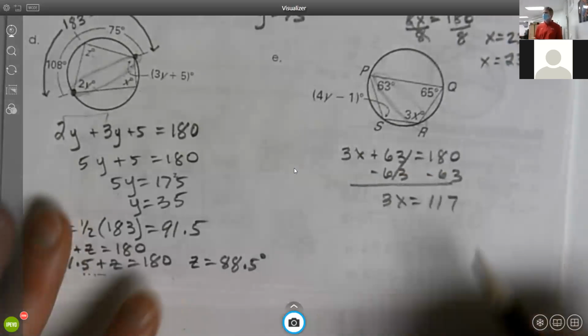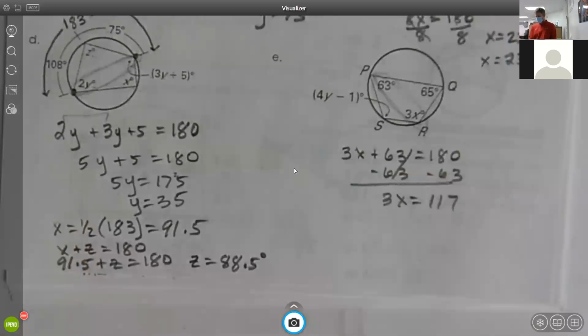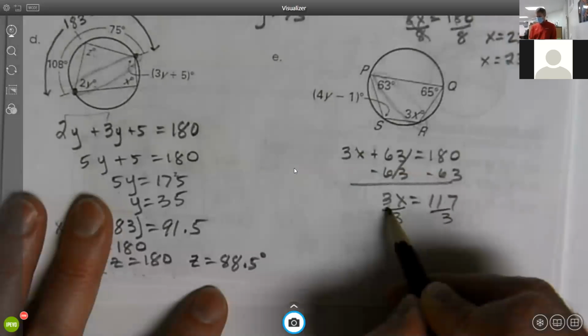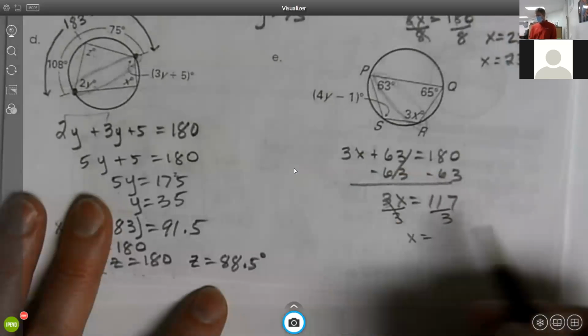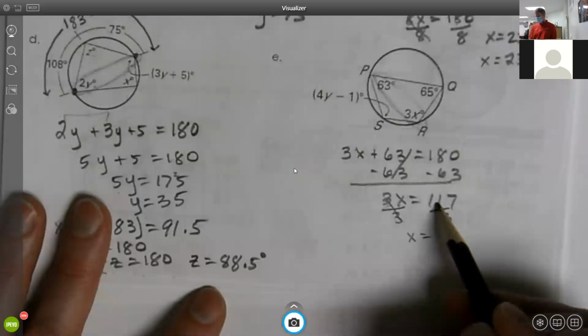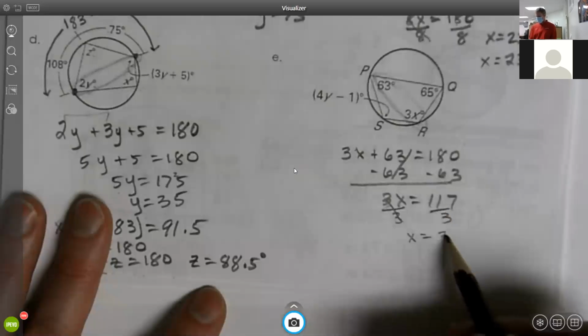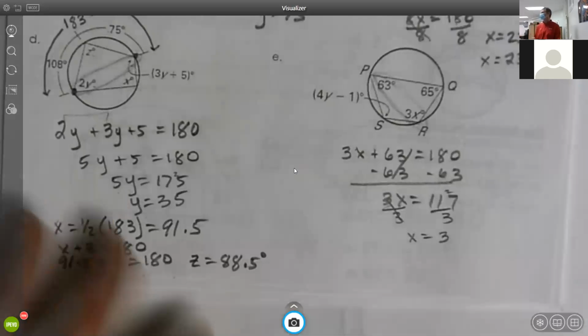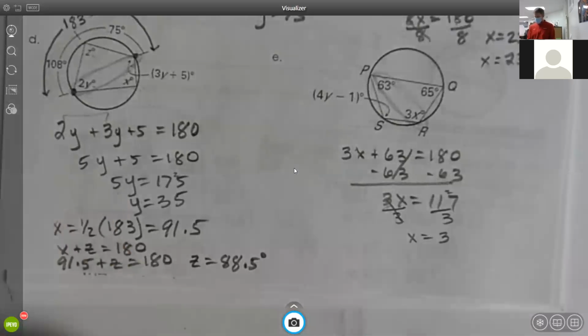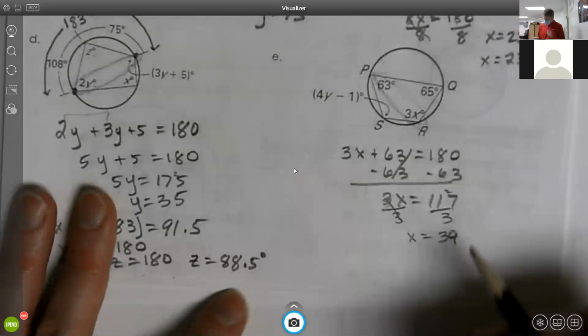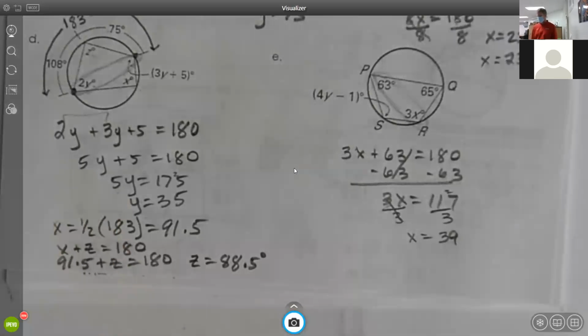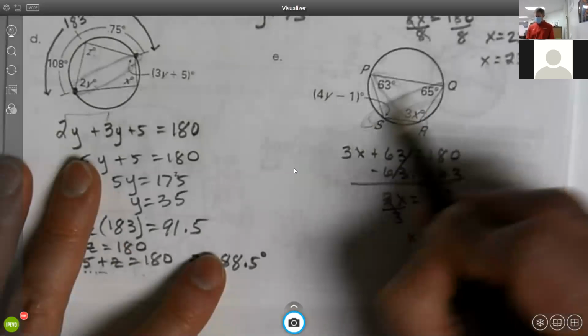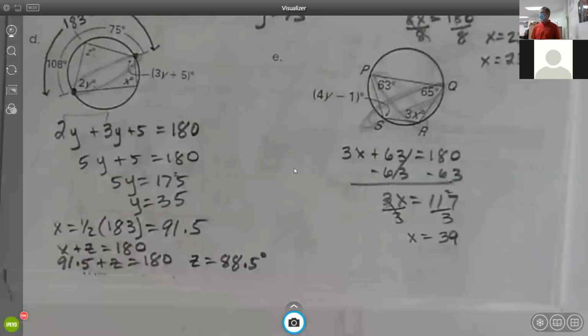We get 117 and we divide. 3 goes into 11 3 times with 2 left over. 3 goes into 27 9 times. So X has to be 39. Then we can come around and go the other direction. Those two angles have to be supplementary. Let me write that out for you.